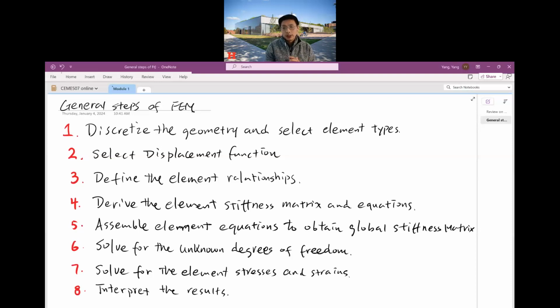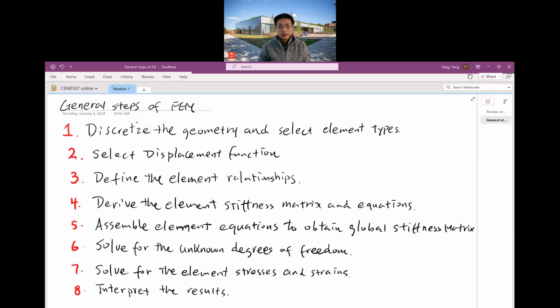And if you use computer software, after you do step 1, you discretize the geometry and select the element types, and the software will do the remaining from step 2 to step 7. So the only thing you need to do is to interpret the results. And so steps 2 through 7 is pretty much like a black box of the software.